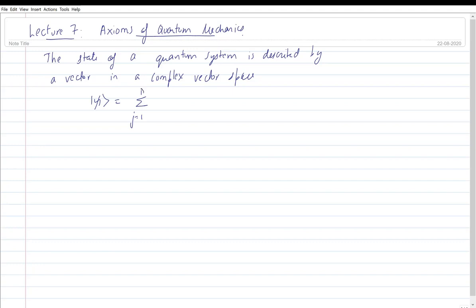You just picked some bases, and essentially a complex inner product vector space is called a Hilbert space. So essentially it's a vector space with a well-defined inner product.